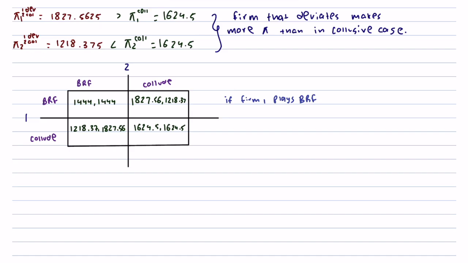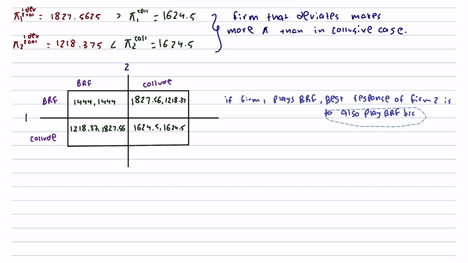If firm 1 plays BRF, what is firm 2 going to do? Well, firm 2 can either play their BRF and make $1,444, or they can decide to collude, but then they would only make $1,218.37, right? So if firm 1 plays the BRF, the best response of firm 2 is to also play BRF, right?